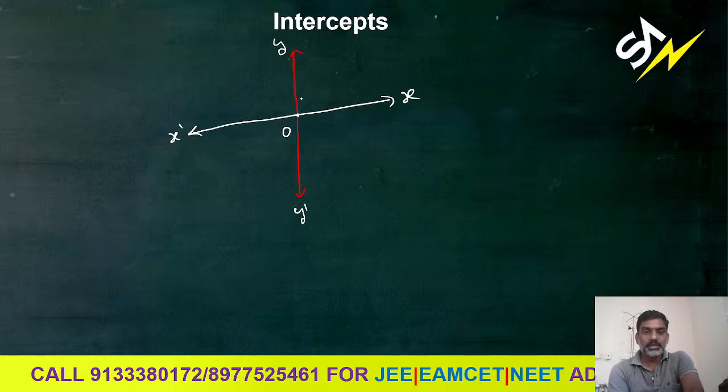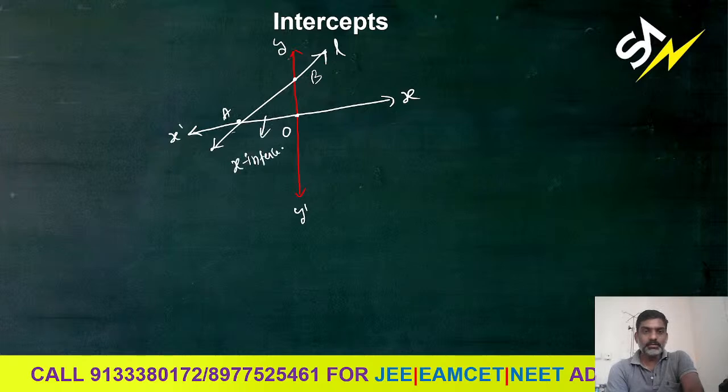For example, there is a line L which is intersecting the x-axis at some point A and the y-axis at some point B. The distance between the point where the line is touching the x-axis and the origin is called the x-intercept.